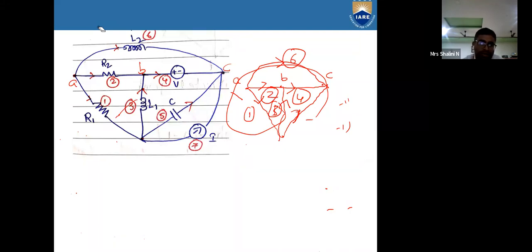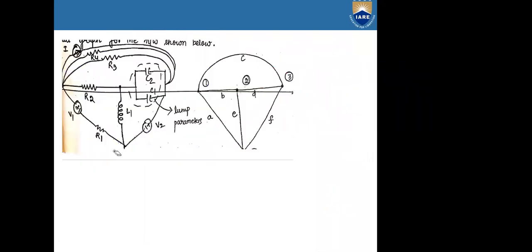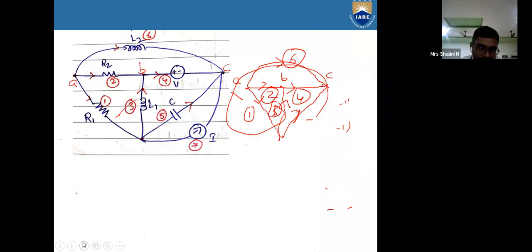The number of node pair voltages will also be the same as nC2.